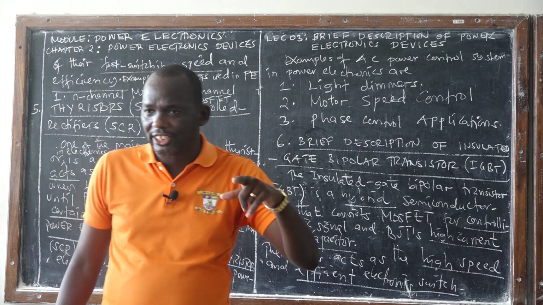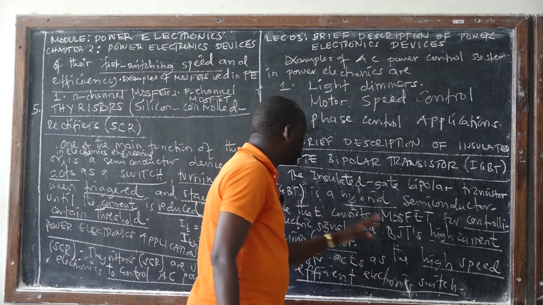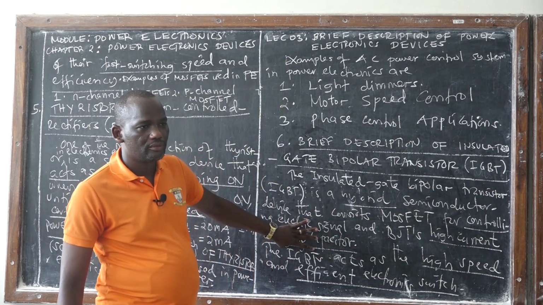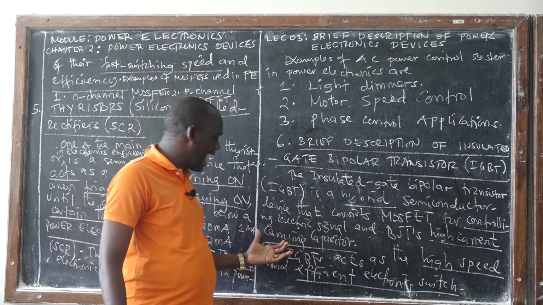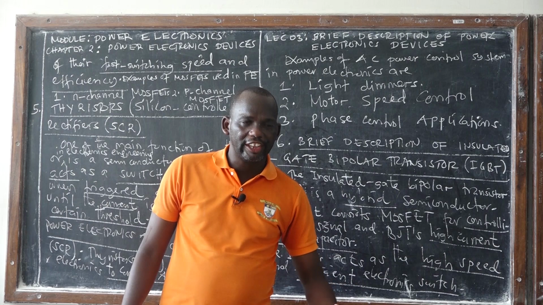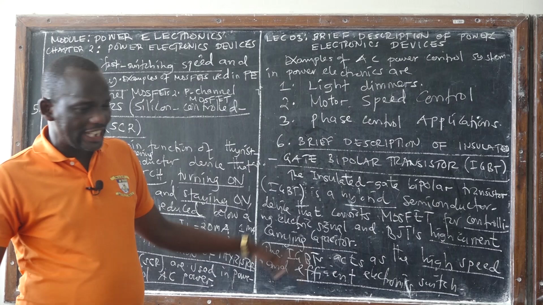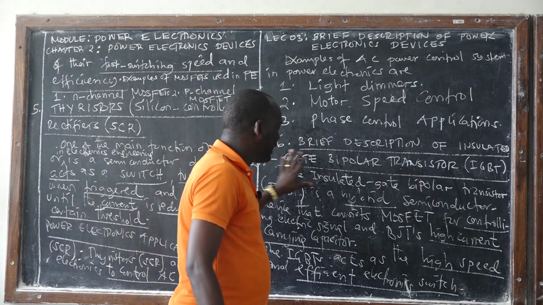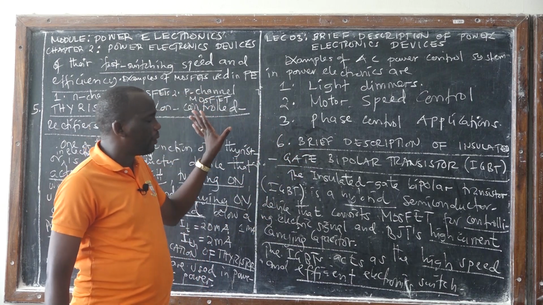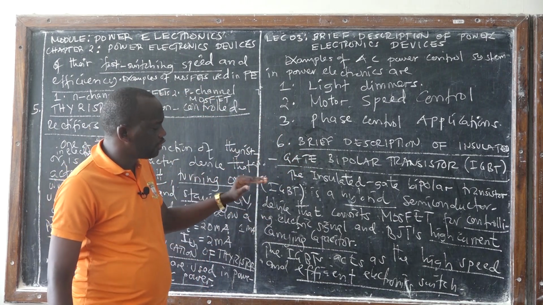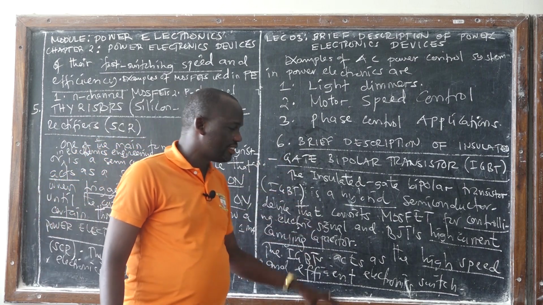The MOSFET will be used to control the electric signal, while the BJT will be used as the high current carrying capacity. So the gate of the MOSFET will be insulated, but the bipolar junction transistor will be used to process the high current from another circuit.